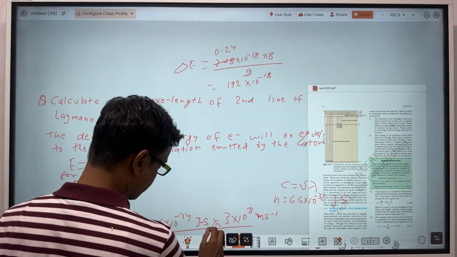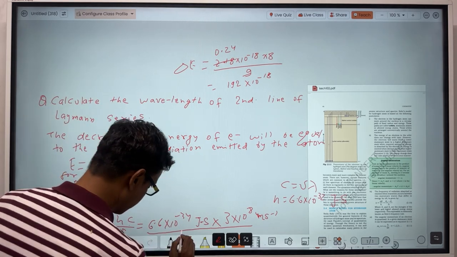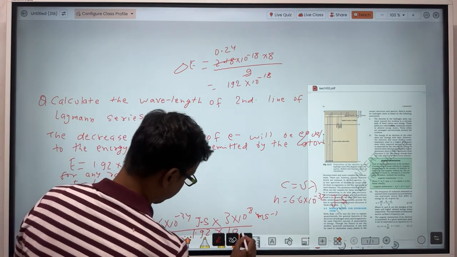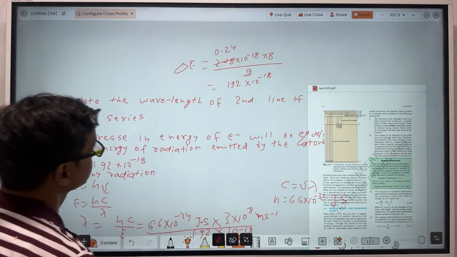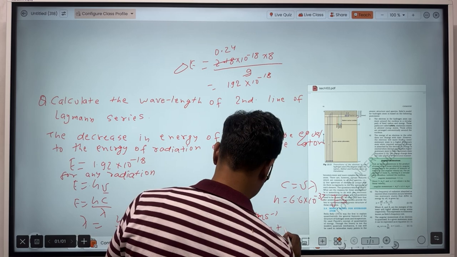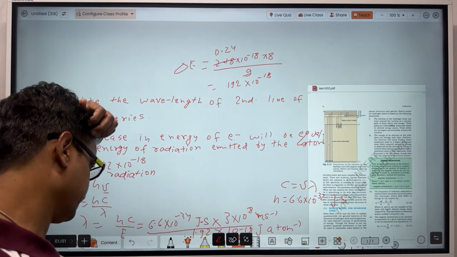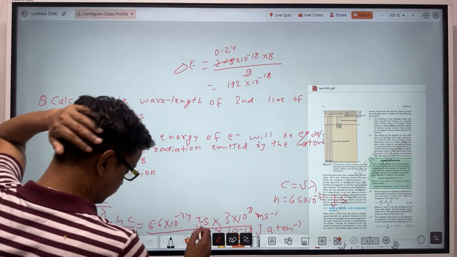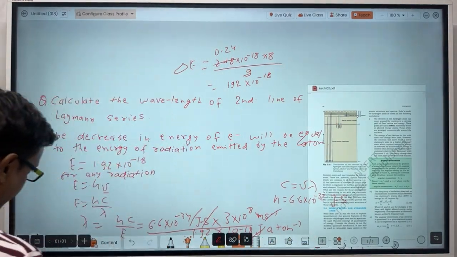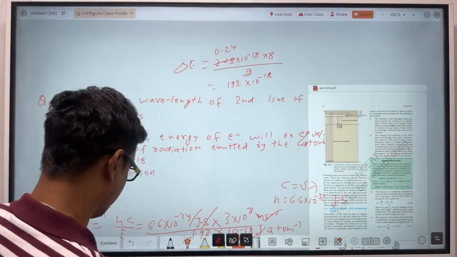So 6.6 into 10 to the minus 34 joule second upon 3 to this one, upon energy is here 1.92 into 10 to the power minus 18, this much joule per atom. Okay, so here joule will cancel out, second inverse cancel out, meter per atom will be there, wavelength also comes in, SI unit will be meter.